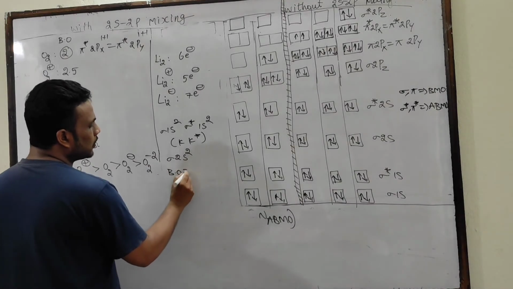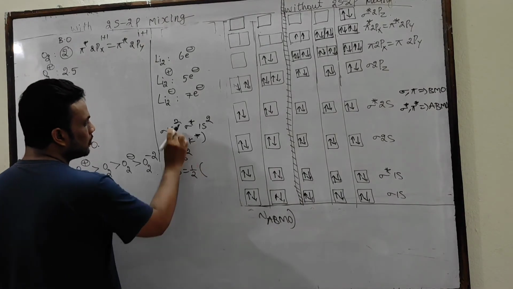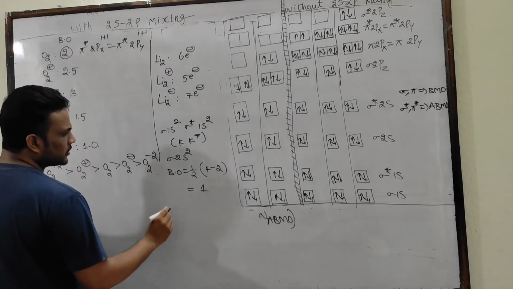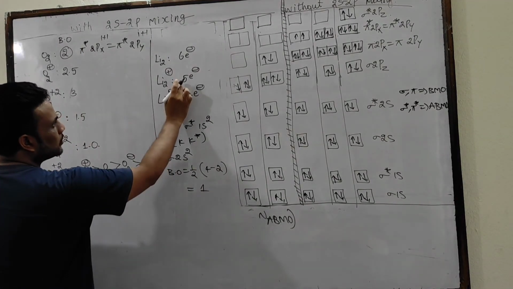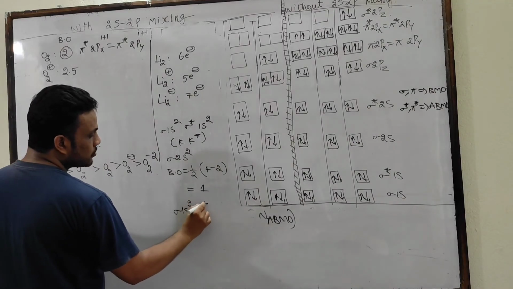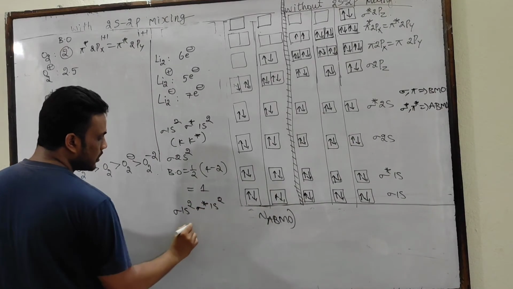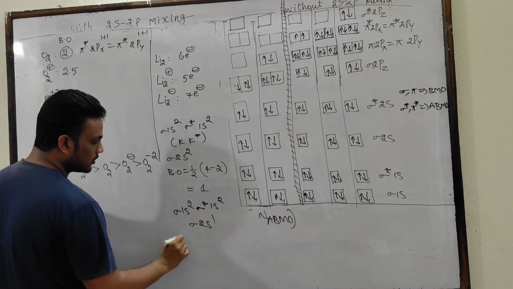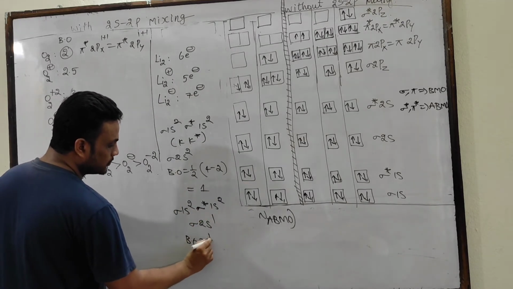So what is the bond order in lithium 2? It is half into 4 minus 2, which we have already calculated as 1. Now consider Li2 plus with 5 electrons: sigma 1s2, sigma star 1s2, sigma 2s1. What is the bond order now?